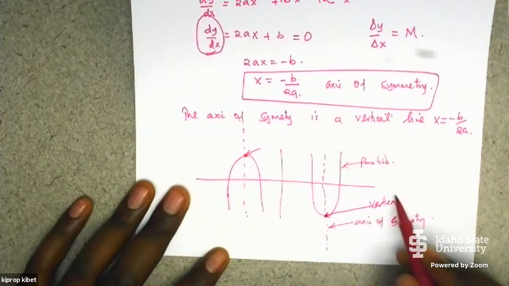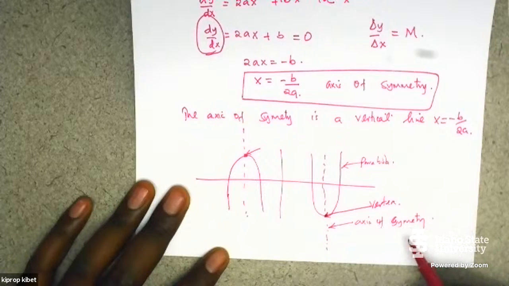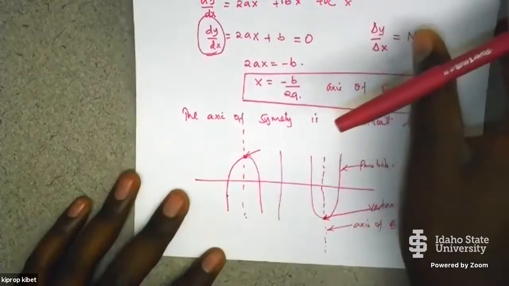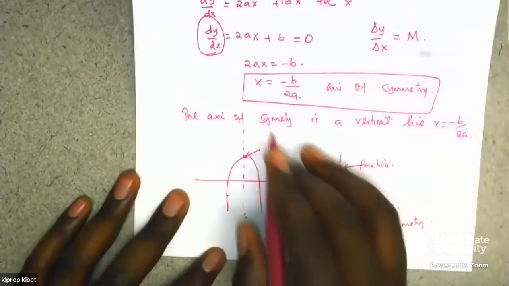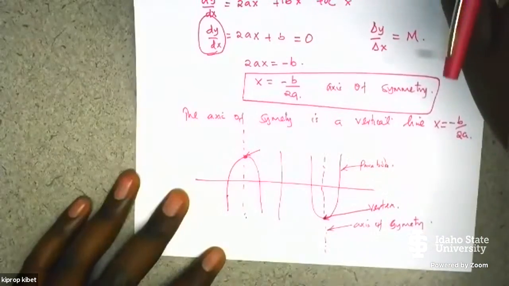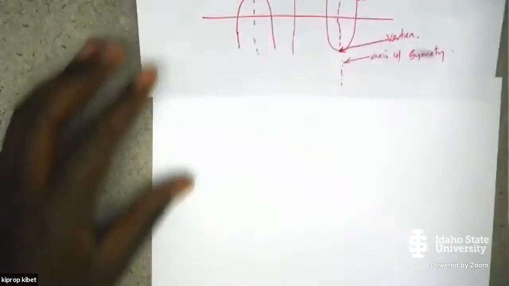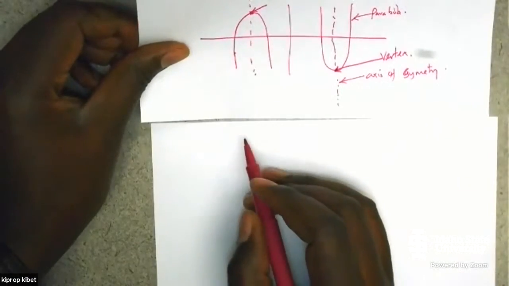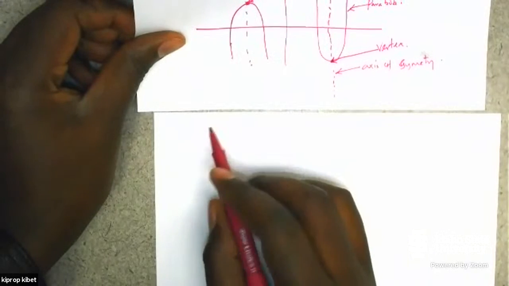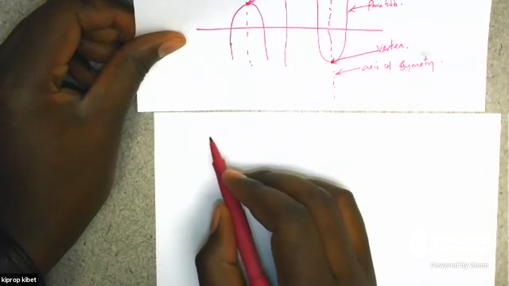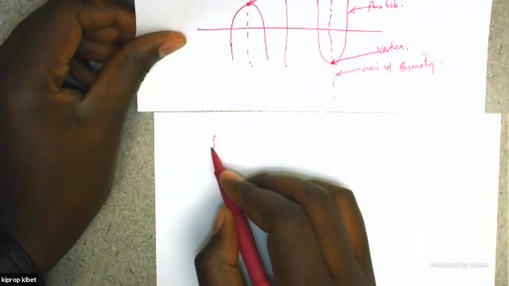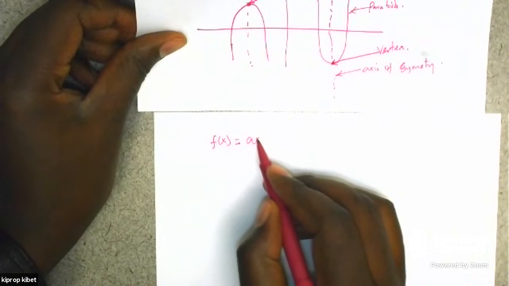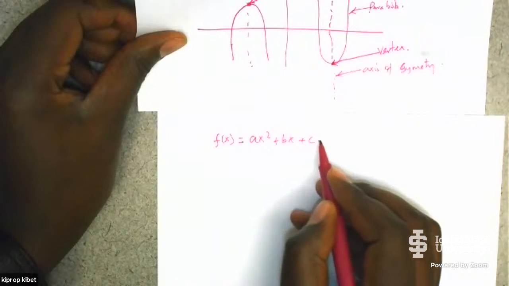And we actually get this vertex from the axis of symmetry. Now, once we have gotten the axis of symmetry by using this formula here, we then come and substitute this x in the function. So now our function f of x is equal to ax squared plus bx plus c.